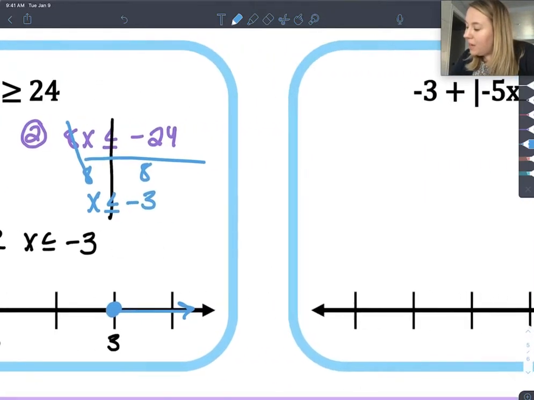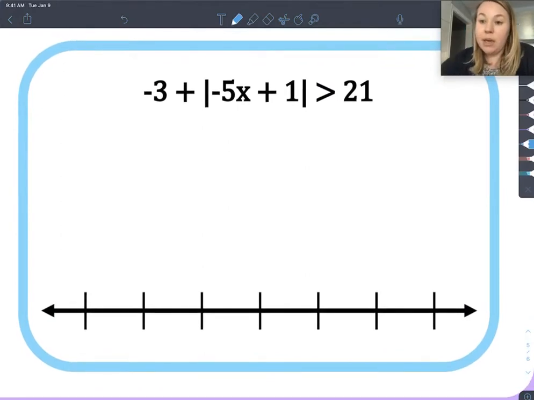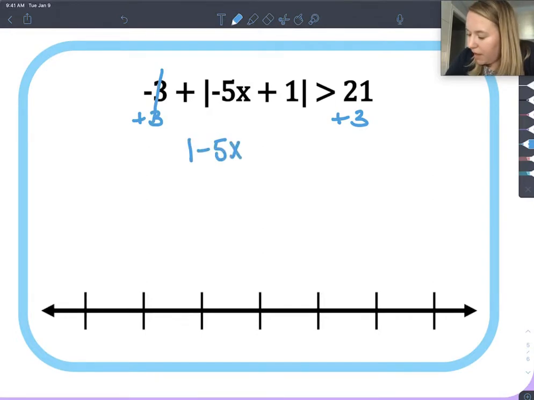Okay, the second one here is another example where we have to move something before we write our two inequalities. So I am going to add 3 on both sides. The 3's cancel, and I'm left with the absolute value of negative 5x plus 1 is greater than 24. Because it's greater than, we're going to have an or statement.